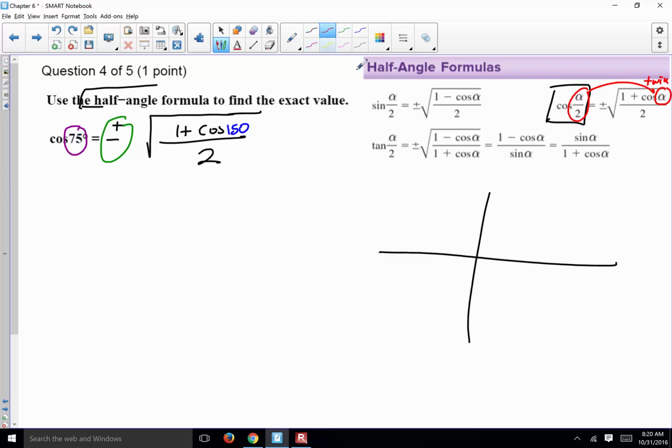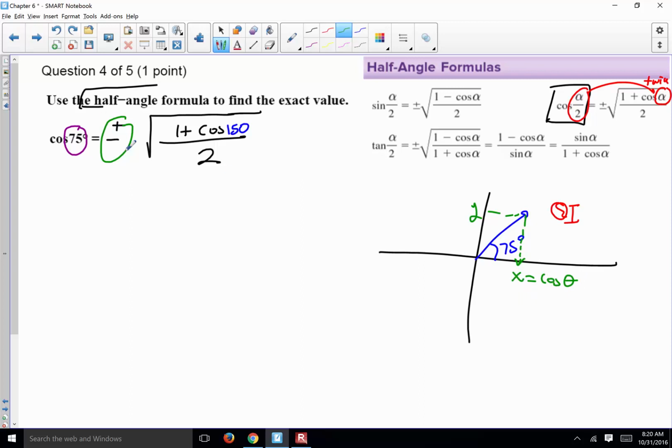75 is in quadrant 1. This is quadrant 1. 75 is here, right? This is 75. So for an angle in quadrant 1, this is its x coordinate, this is its y. In other words, this is its cosine value.